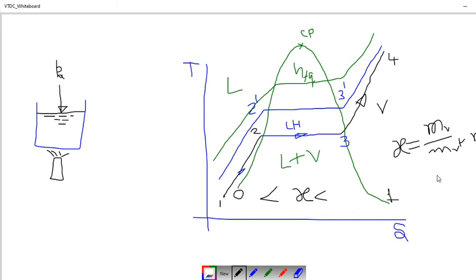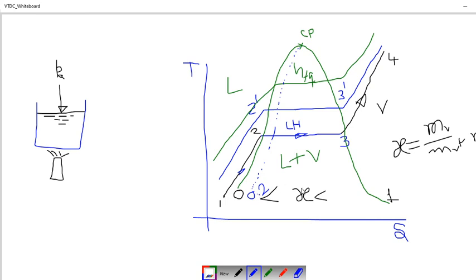For fractions like 0.1, 0.2, 0.3, etc., we can locate those values on dotted curves. Suppose this dotted curve, that is the dryness fraction line, has value 0.2.